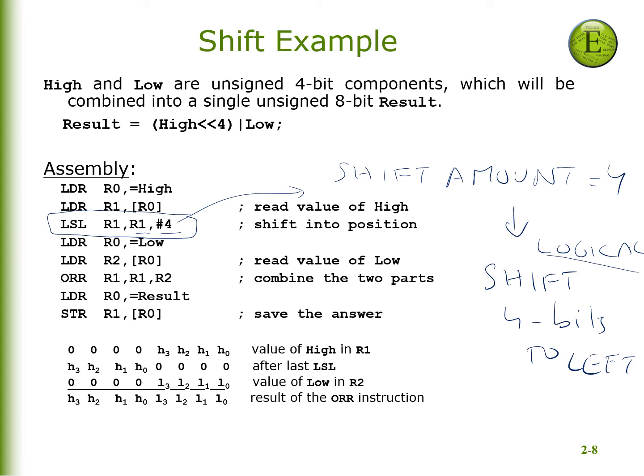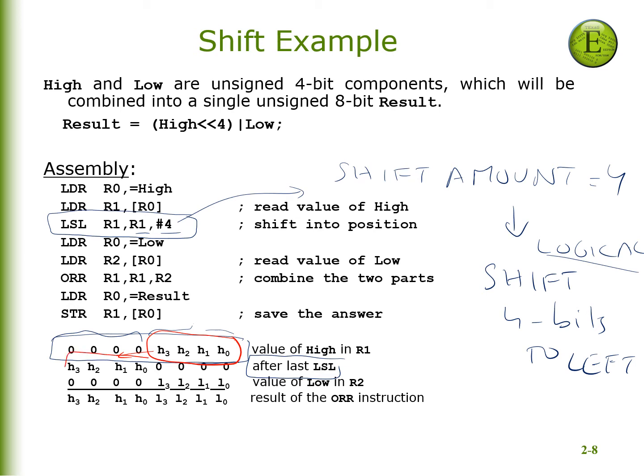So when you do logical shift left 4 bits on register R1, assuming the initial contents of the register R1 was such that the lower 4 bits had some information such as bits B0 through B3, and the upper 4 bits were 0. When you apply logical shift left, these 4 bits are shifted up.